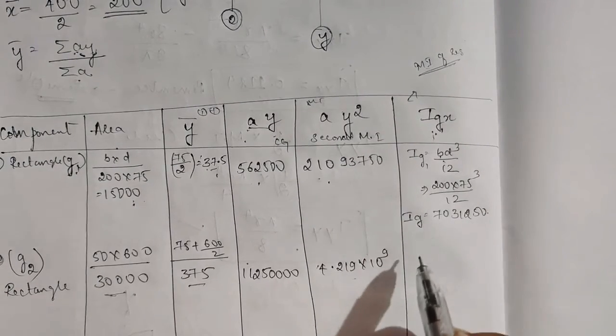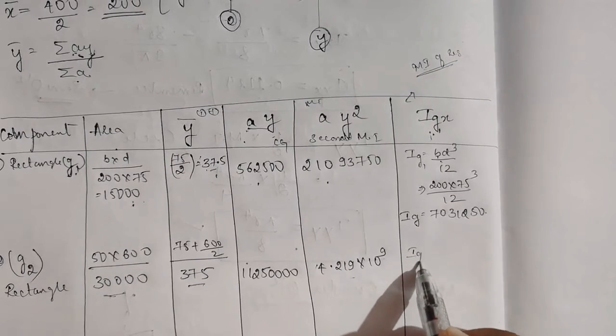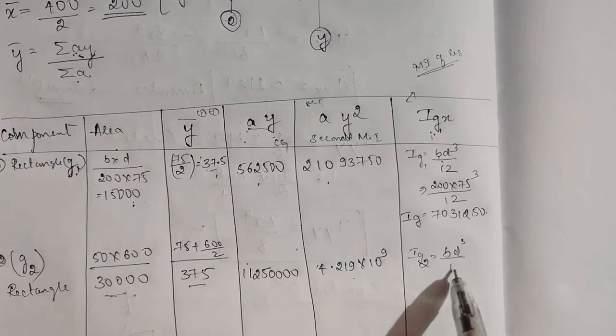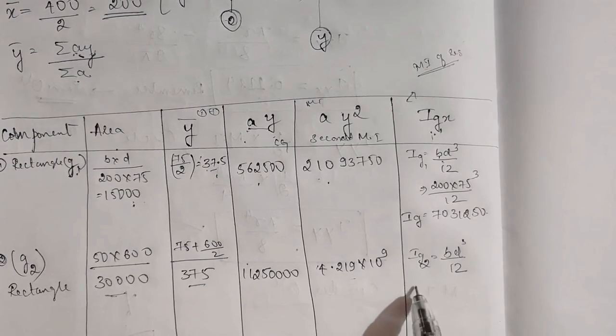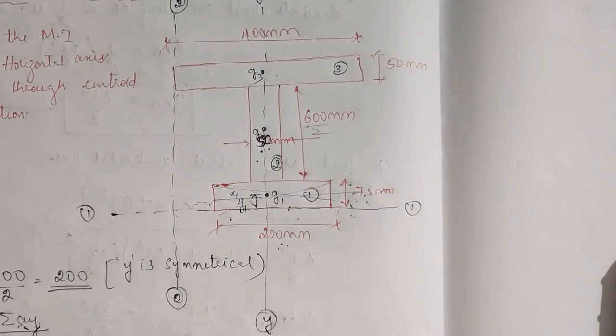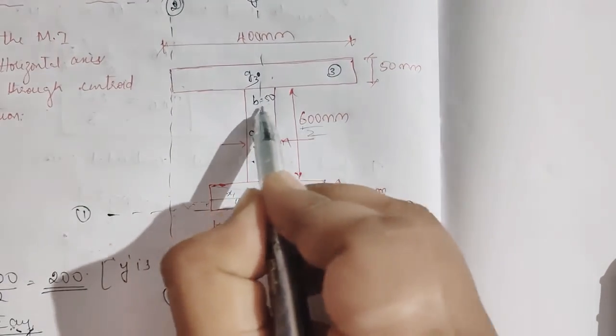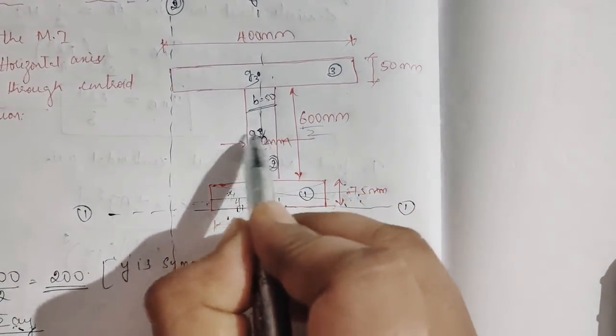Next Igx value, it is nothing but Ig2. It is also BD cube by 12, but observe here, the rectangle is vertical. So what is B now? B is 50, which is perpendicular to the x axis.